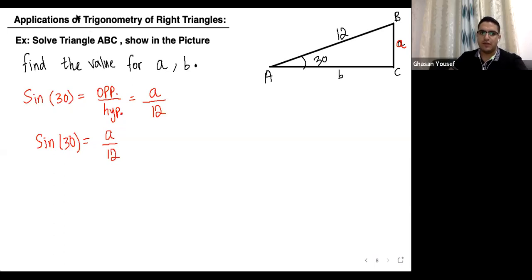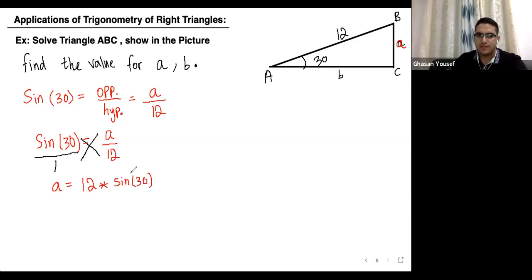For cross multiply, this is actually over 1. So cross multiply like this, I will get a equals 12 times the sine of 30.